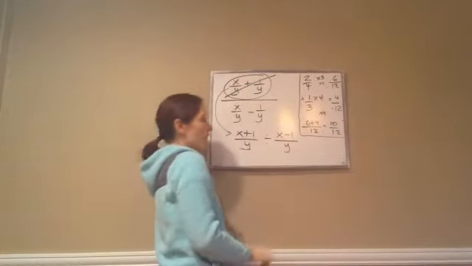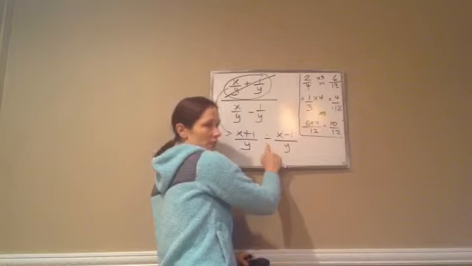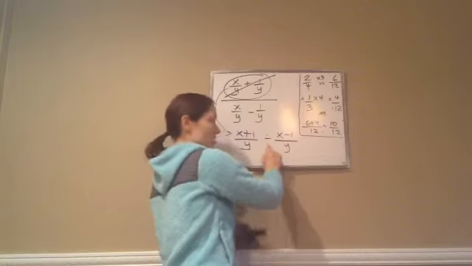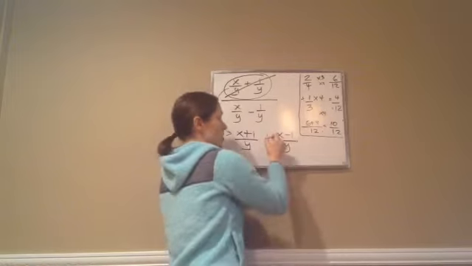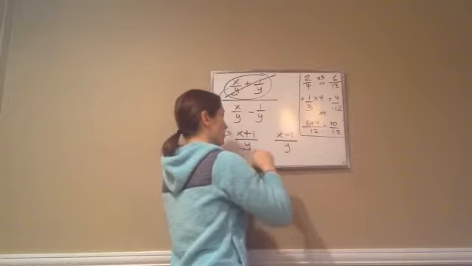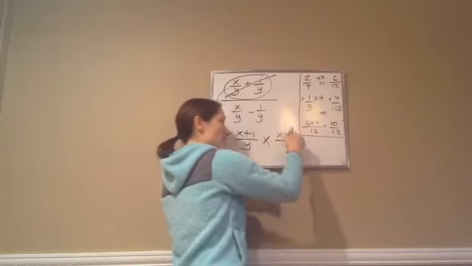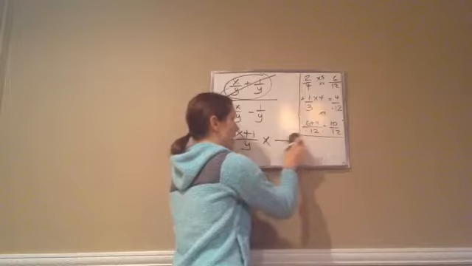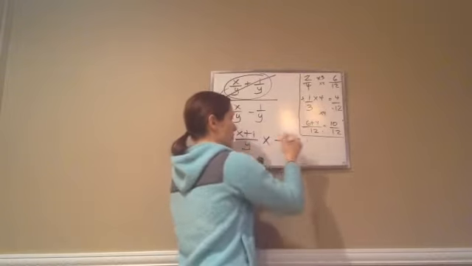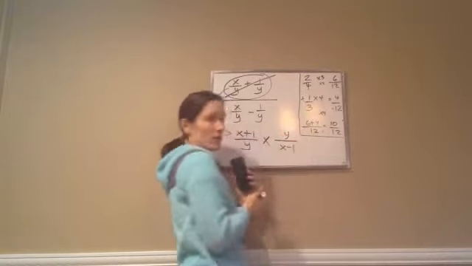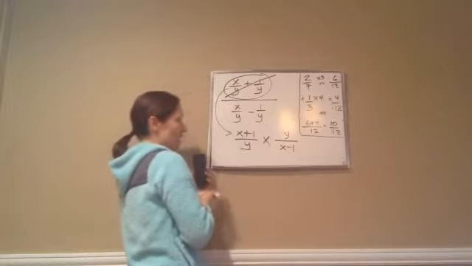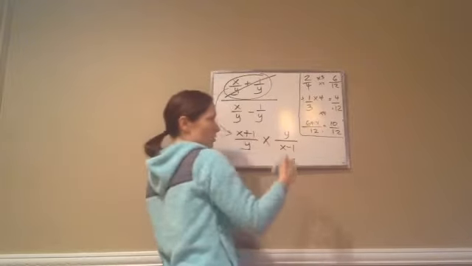Staying with me? Now, do you remember what to do when you're dividing fractions? You flip it, because you can't divide fractions, you have to multiply them. So this division becomes multiplication, and this x minus 1 over y becomes y over x minus 1, they're reciprocals. Got it? Now, do you remember cross multiplying or canceling?